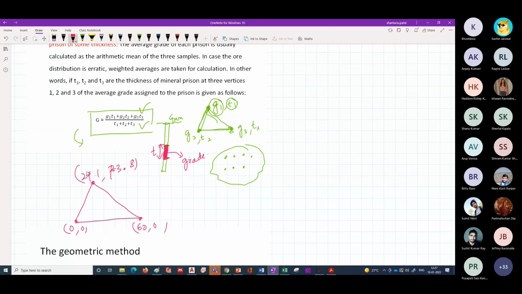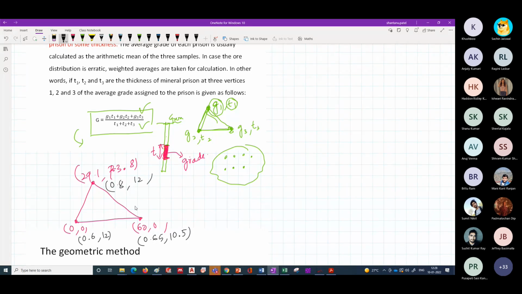And the grades are 0.6, and the thickness is 12 here. This is 0.65, thickness is 10.5 here, and this is 0.8, and thickness is 12 meters.